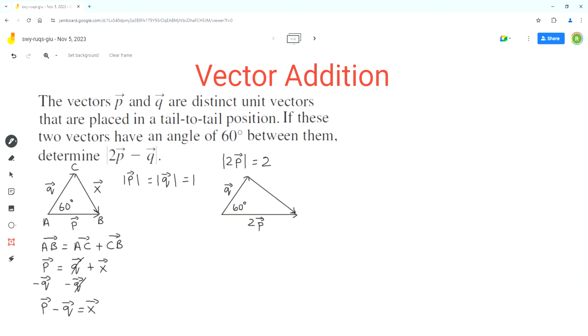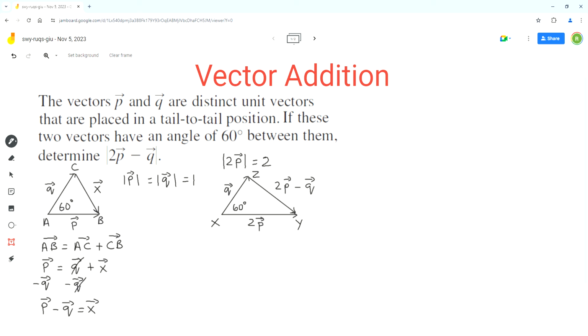So if I label the corners, the third side, vector zy, is represented by vector 2p minus q.